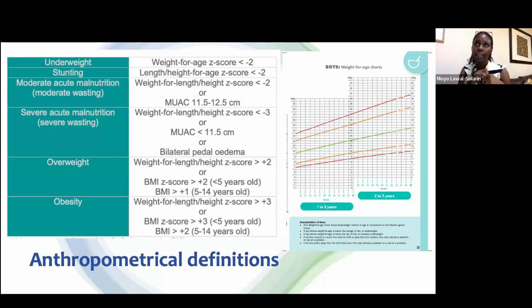So you could have a kiddie that has a mid-upper arm circumference of 11.7, just above the cutoff, but if they have bilateral pitting edema, specifically on the feet, then it's indicative of a SAM unless proven otherwise. So any of the criteria make them a SAM, and overweight and obesity is above the +2 or the +3 line. Okay.